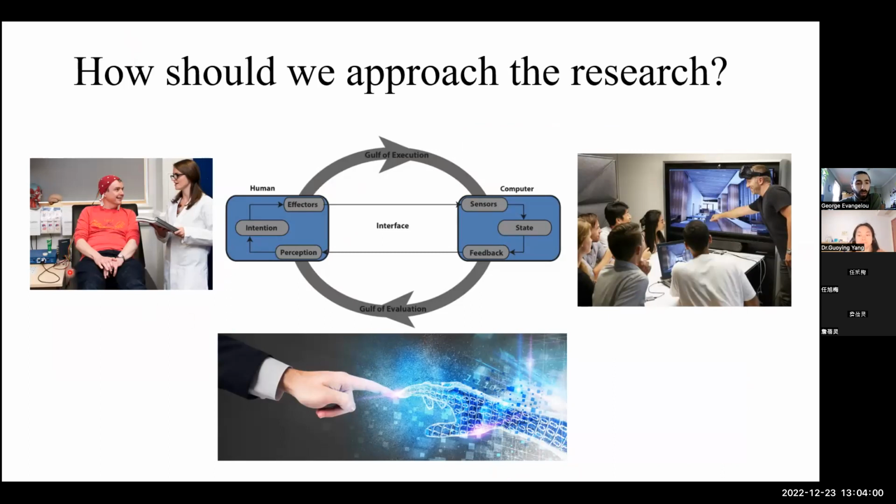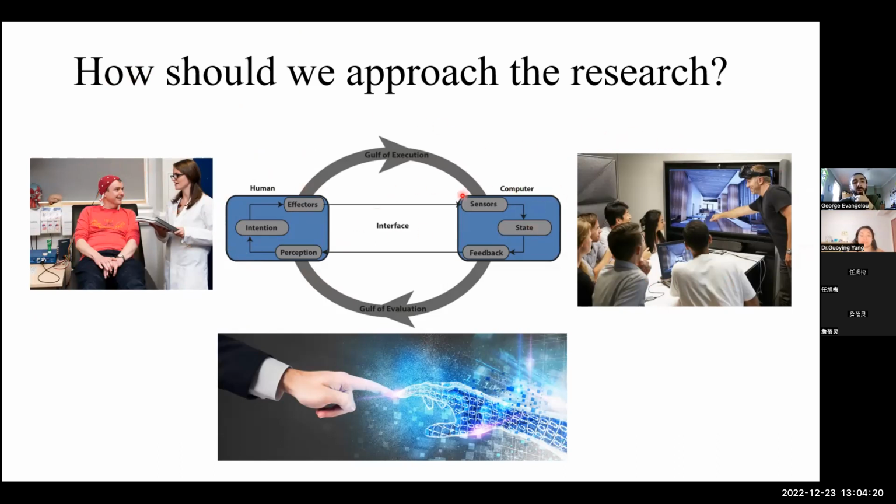So we want to take the benefits of psychological research. We want to get psychologists to work with computer scientists, so that we can fully understand the human aspect and how that interacts with the system aspect.